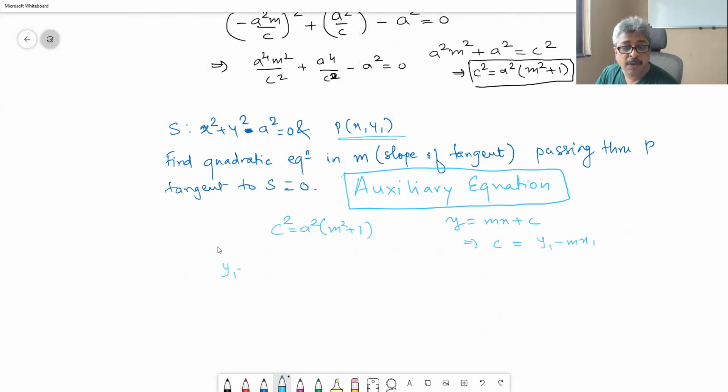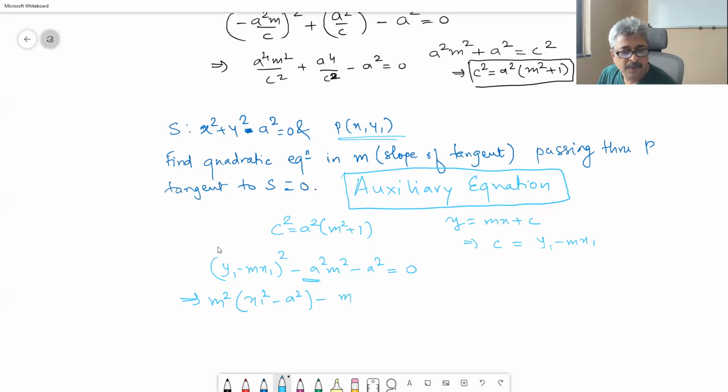So y1 minus mx1 bracket square minus a square m square minus a square is equal to 0, and we want quadratic in m. Coefficient of this m square is x1 square minus a square, plus or minus, what is the coefficient of m?